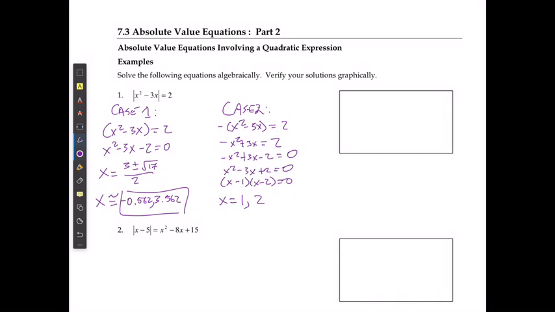Now I'm going to graph the function out, where I'm going to say y1 is equal to my left side, y2 is equal to my right side.